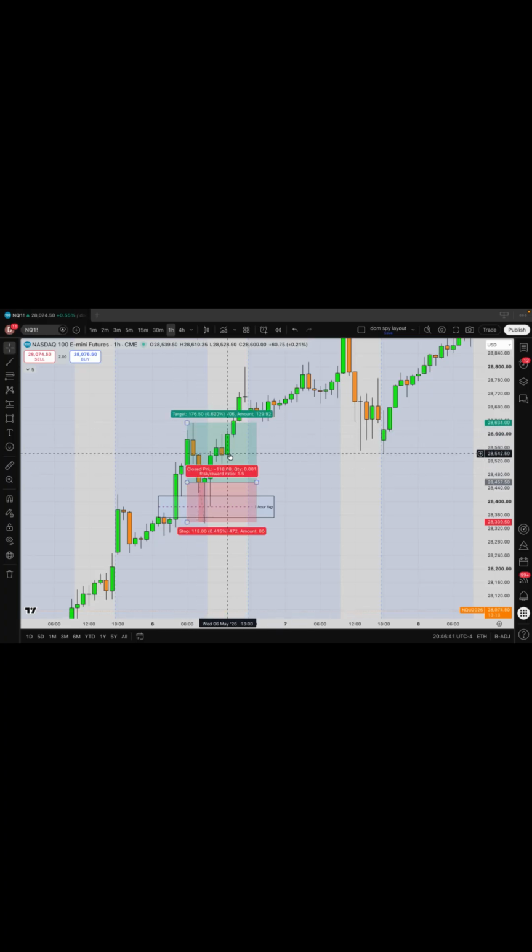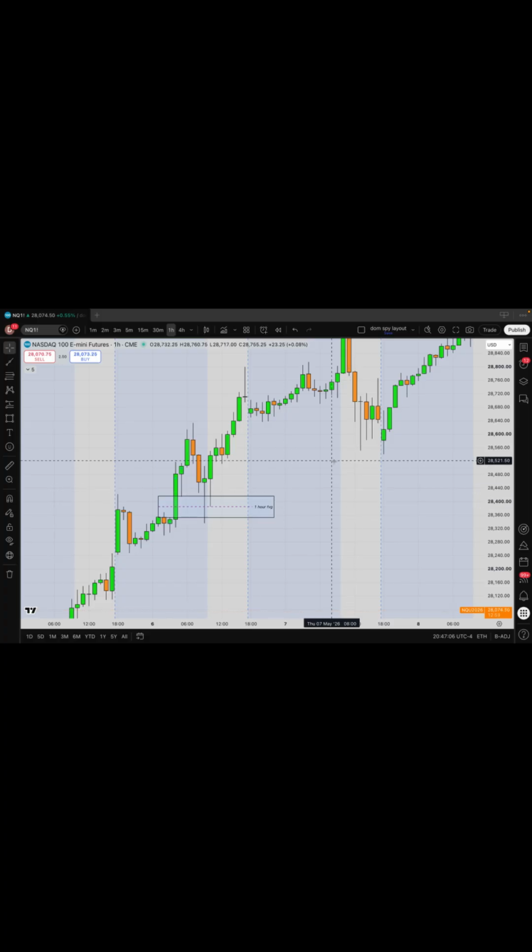I mean, that is a great trade right here. You do go into a little bit of drawdown, but you're not hitting your stop loss. 176 points. You're almost looking at $4,000 on NQ if you're trading one contract size, if that trade hits.